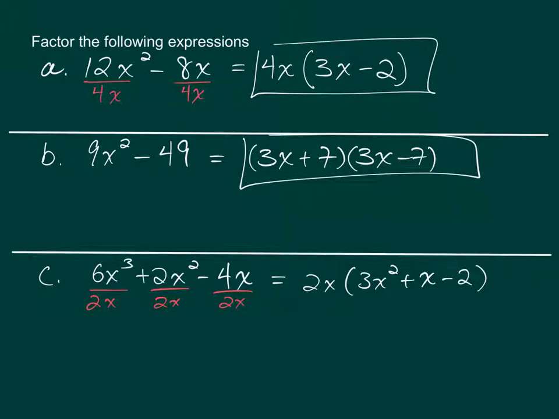From here, now that we have a greatest common factor, you still have to check to see if the insides factor. And that's going to determine whether or not we have simplified this or not.